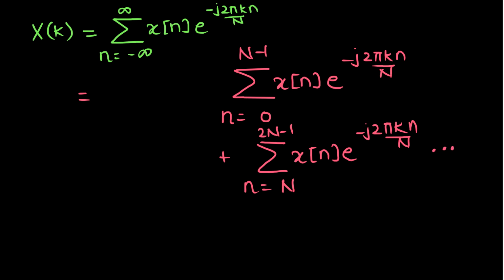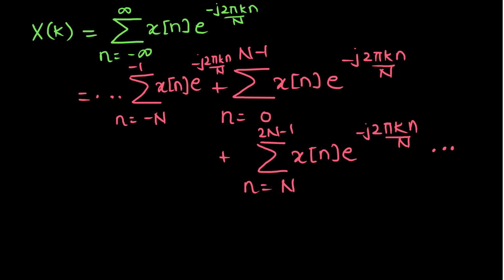And similarly, if we go to the negative side, then we have summation n running from minus n to minus 1, so it would be x of n into e to the power minus j 2 pi k n by n, and so on till minus infinity.